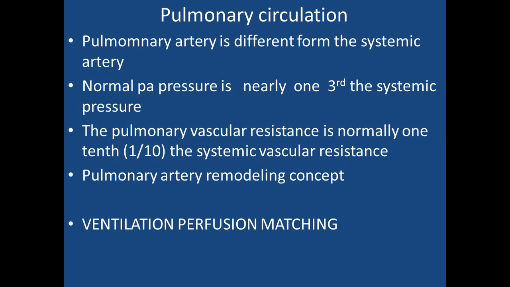There should be enough air for the blood in order to get full oxygenation. In cases of, for example, areas of hypoventilation, the hypoxia in this area will stimulate pulmonary vascular spasm and will divert the blood from this area towards an area that is well ventilated.